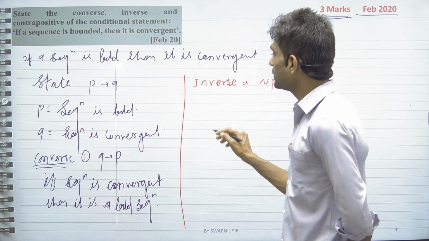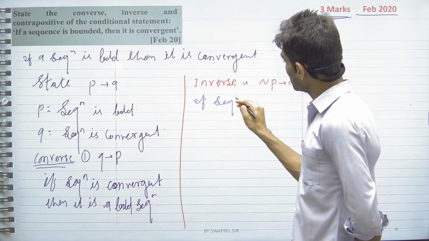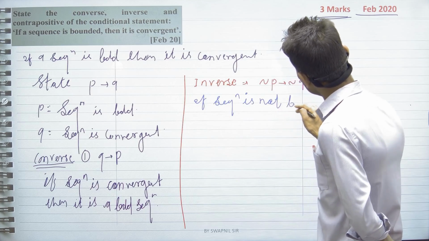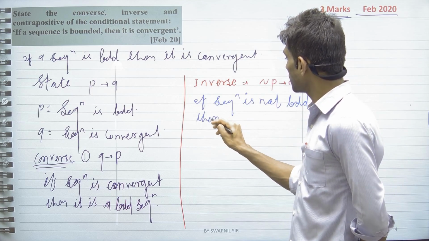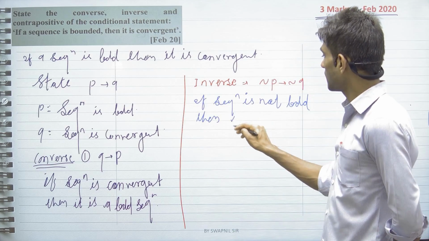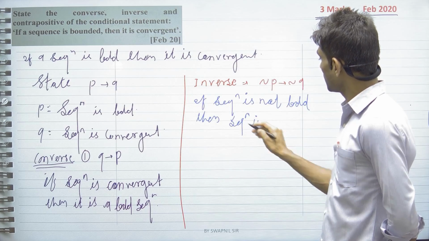Okay, if sequence is not bounded, inverse says that if sequence is not bounded, then sequence is not convergent.